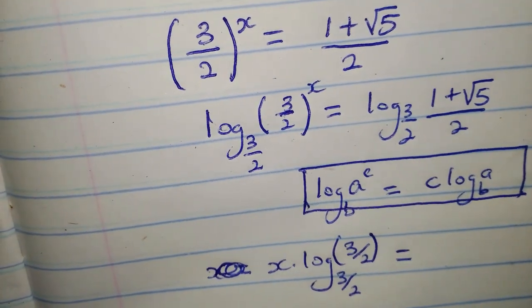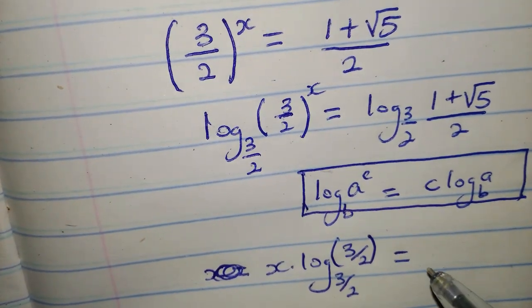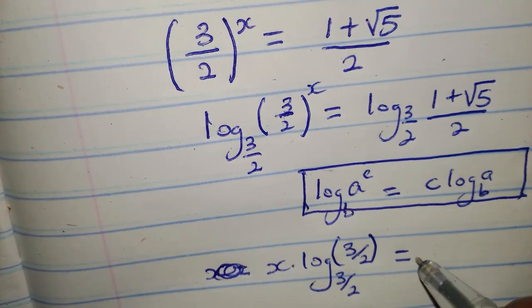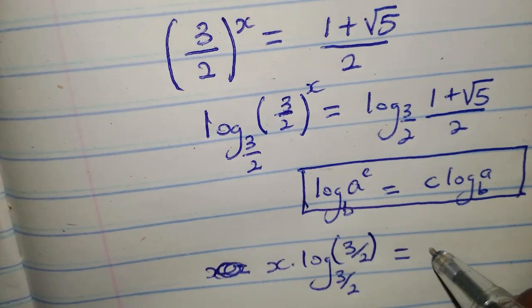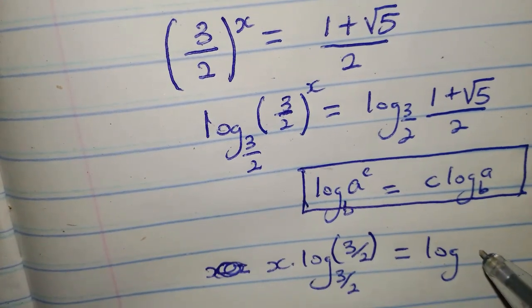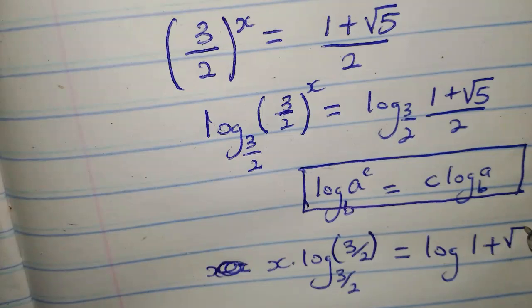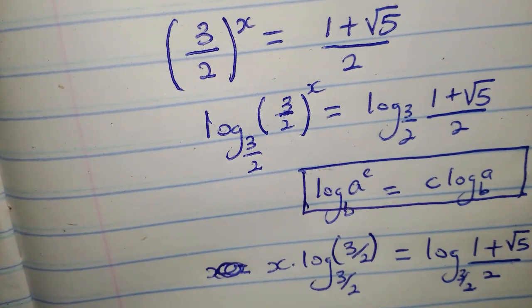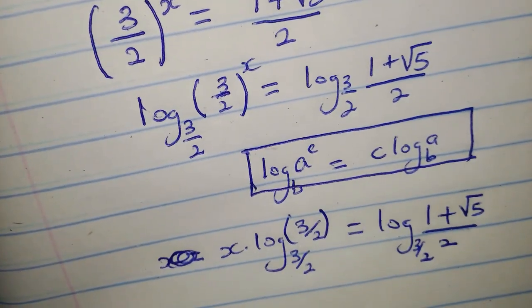So if you're having this, when I say over this, we're now having log of 1 plus root 5 divided by 2, all to base 3 over 2. Okay, having this.